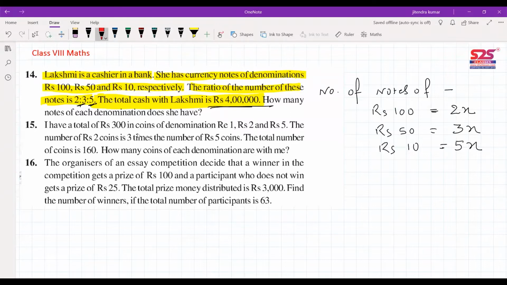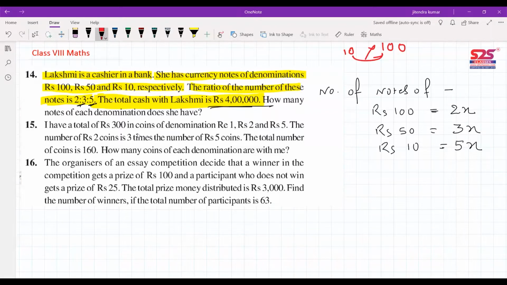If you have 10 notes of 100, then how many rupees do you have? 1000. Okay, how did you find the 1000? Just by multiplying this and this, right?